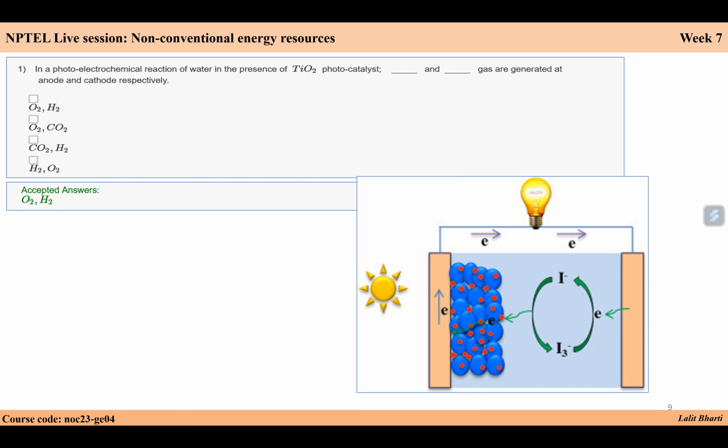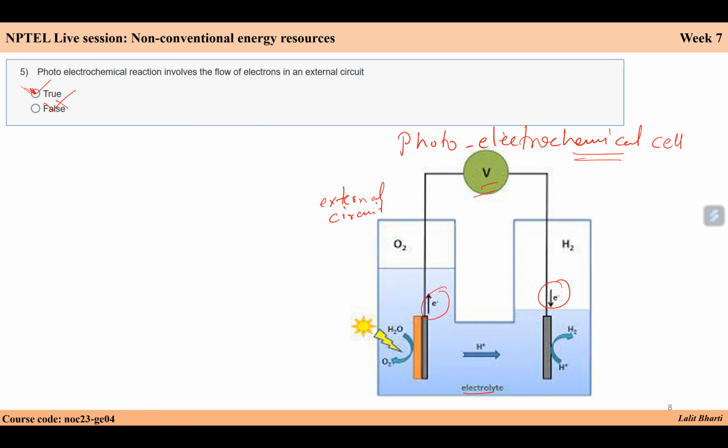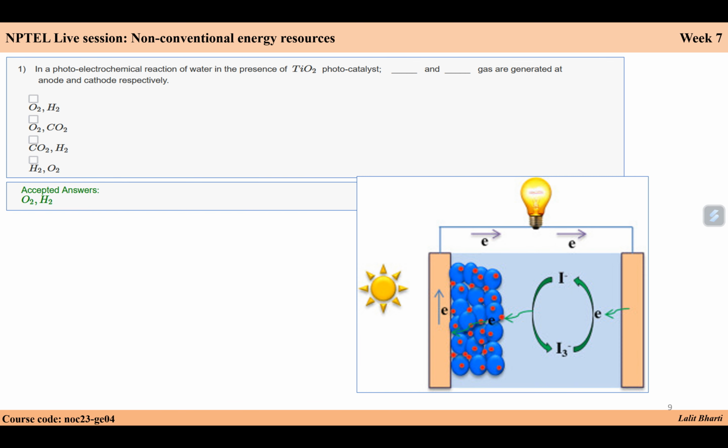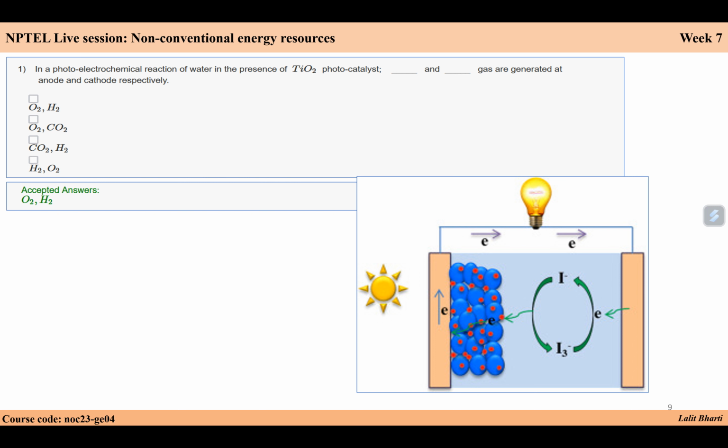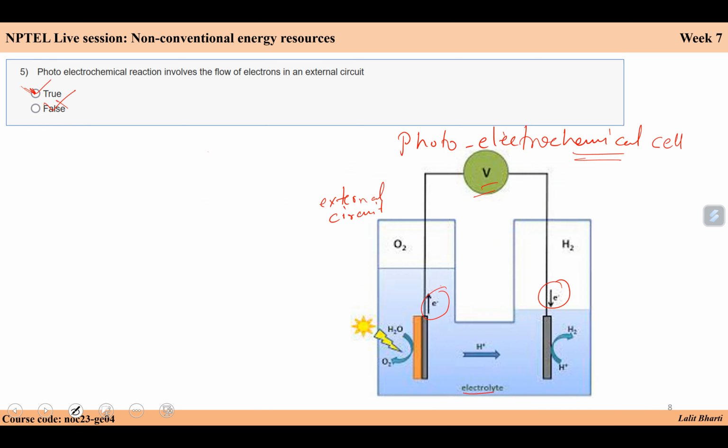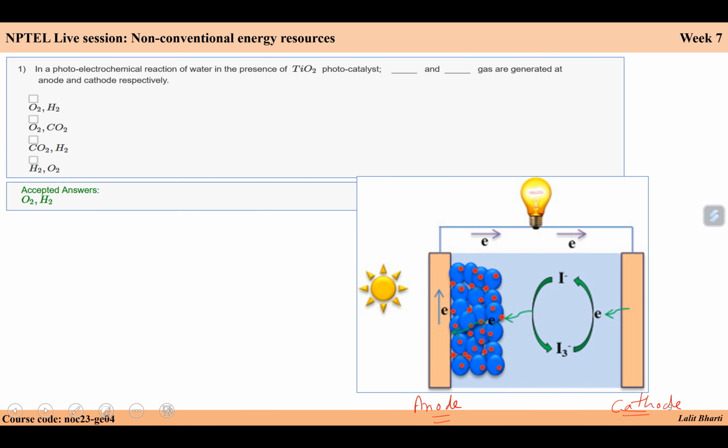So this is a typical photoelectrochemical cell. As here also we have seen, if this is your, let's say, anode material and this is your cathode material, we have to see where we will be getting O2 and H2.